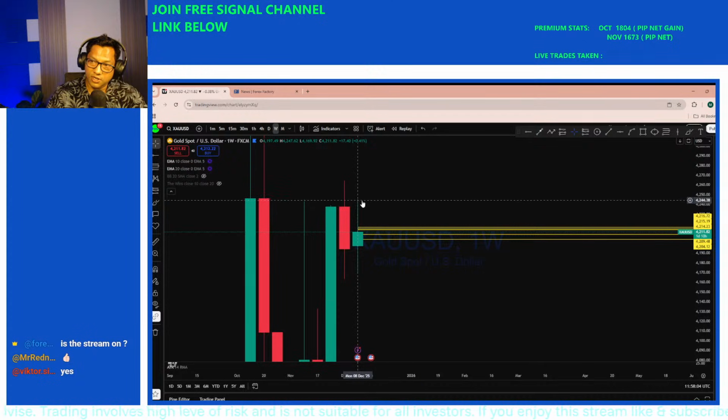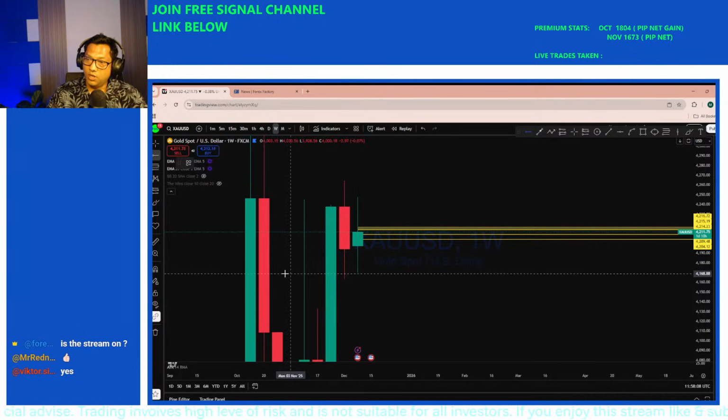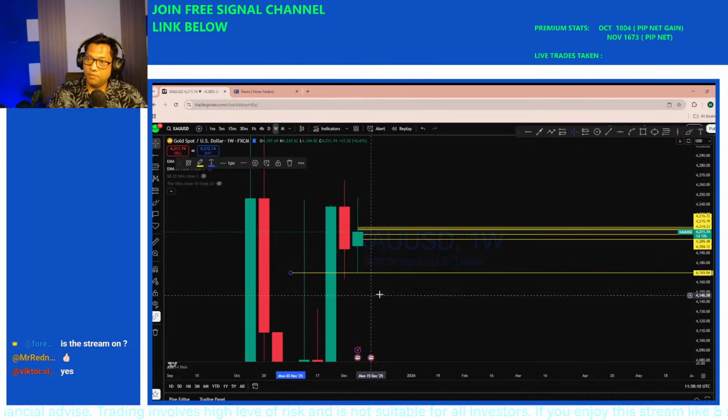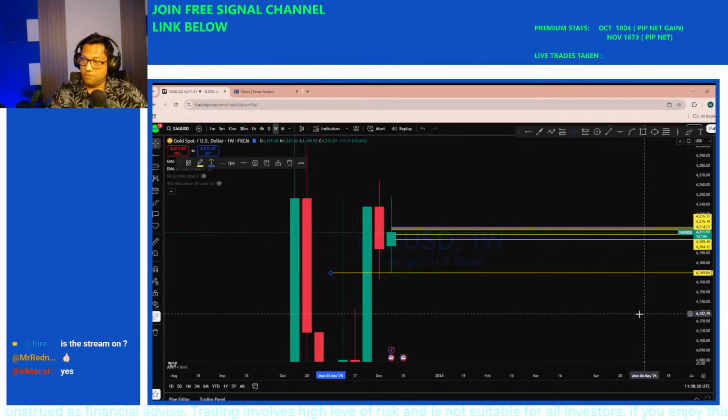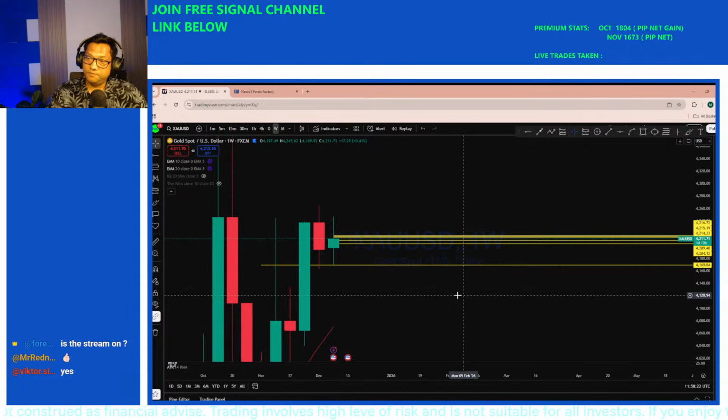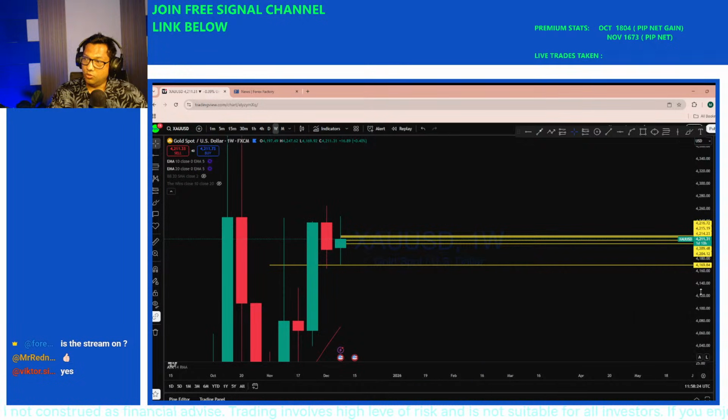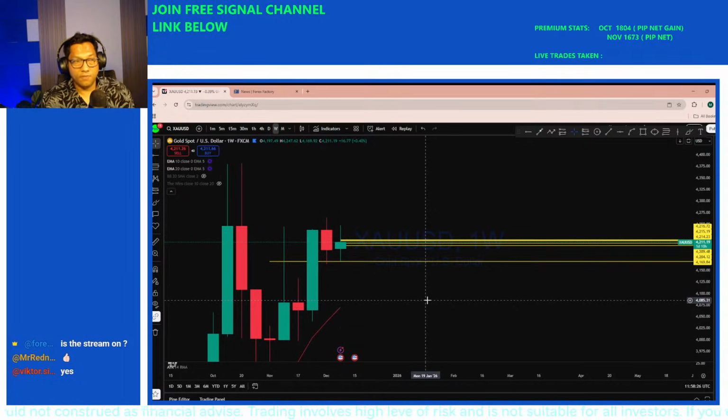In that weekly price action, starting from this weekly support, it created this weekly bullish move, right? And this market, without any question, is a long-term bullish market structure.